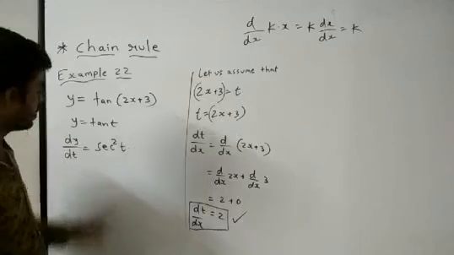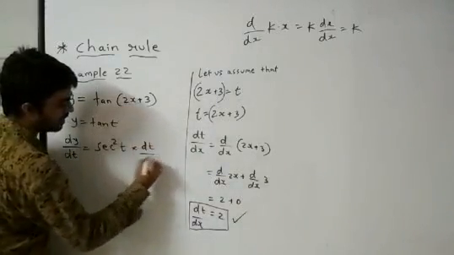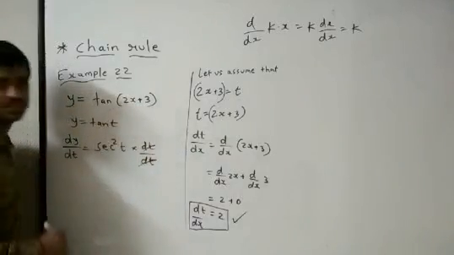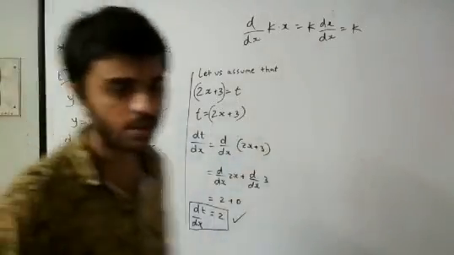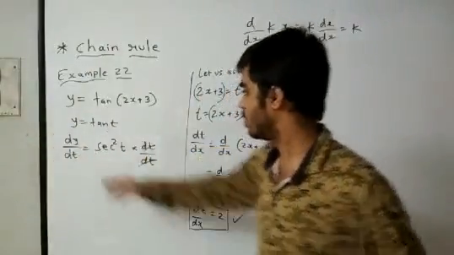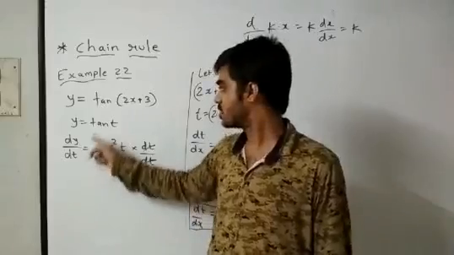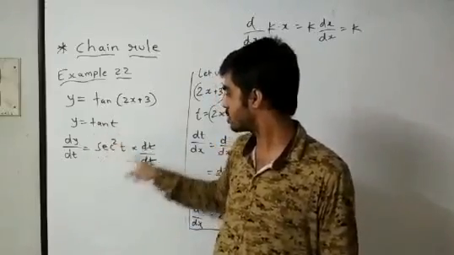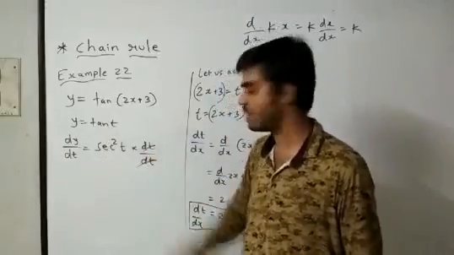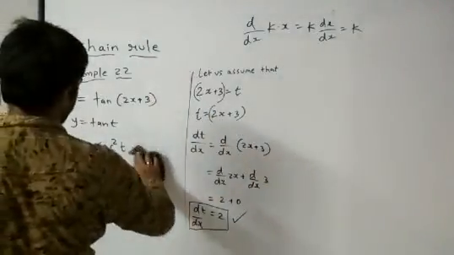Listen, one thing I will tell you: this is your answer, but dt by dt is also there, and it cancels out, so it is just one. So there is no need to write it, and generally we do not write it.